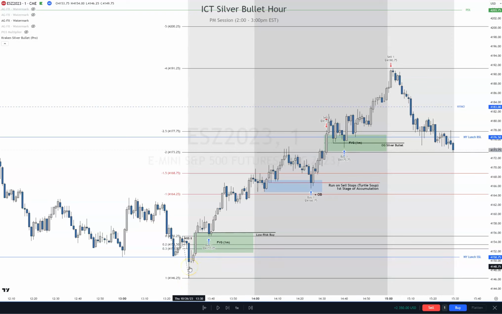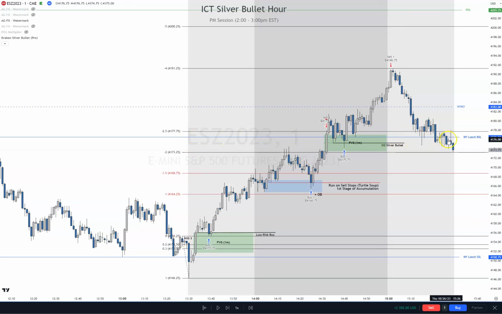So we dropped down to the 1 minute, and now we're looking for a market maker buy model to go back up. When we get our market structure shift and we get our low risk buy setup, we entered, and we pulled our fib from the low to the market structure shift, which is the manipulation leg, and we got our projections.